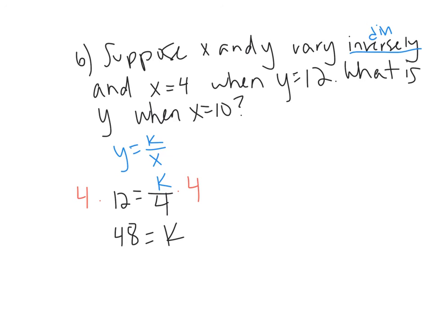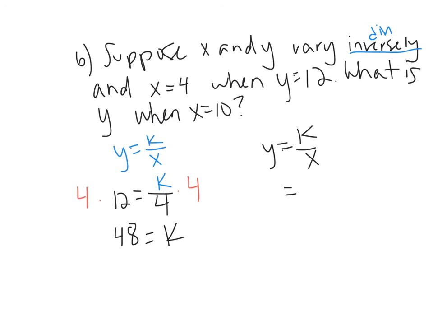Well, let's go back to our inverse. If I know that these x and y are always inversely related, as the problem told me, I know that y equals k over x. And this time, I don't know y, but x is 10, right?